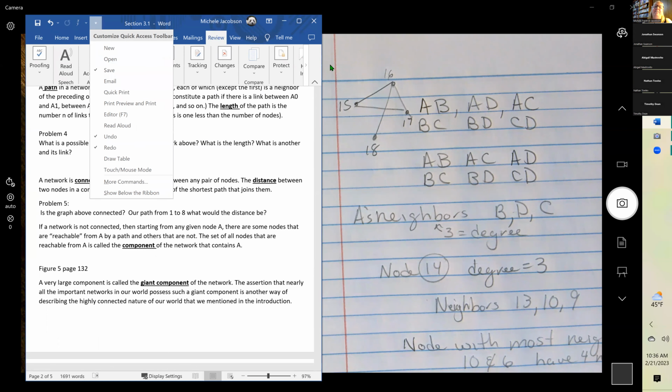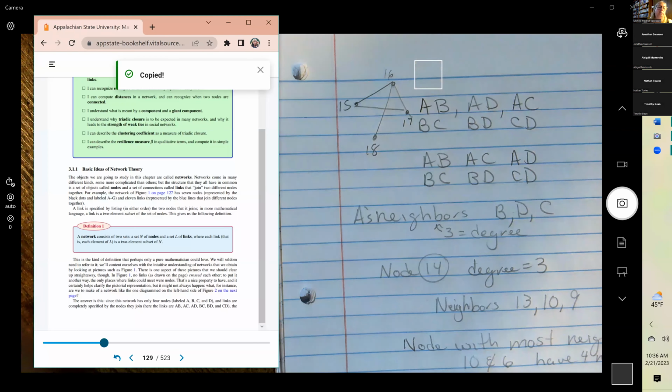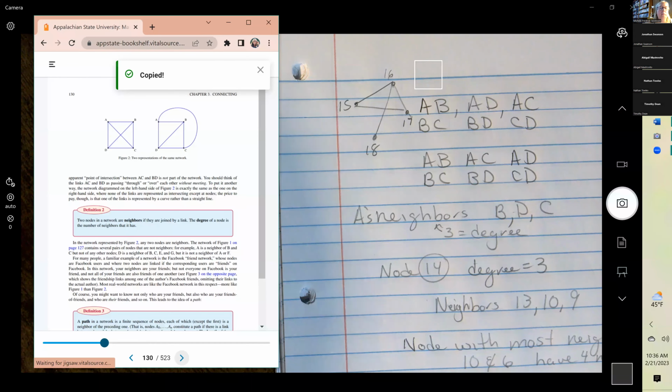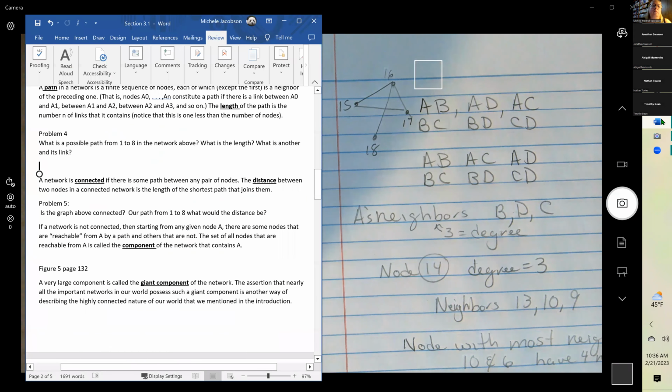I want to slide it, but it won't let me. Oh, well. Page 132, number 5.